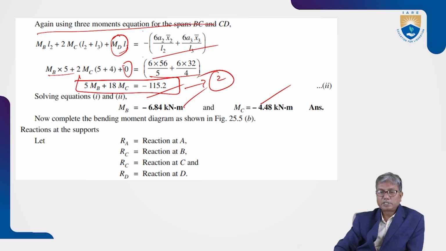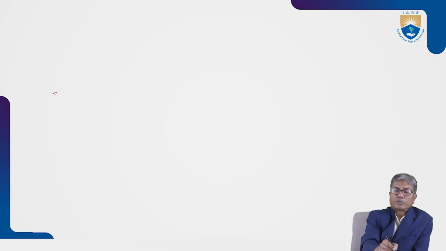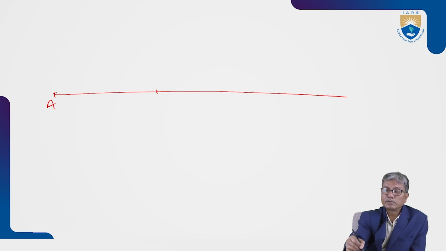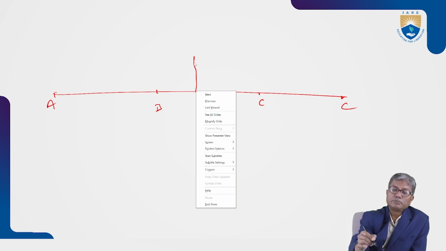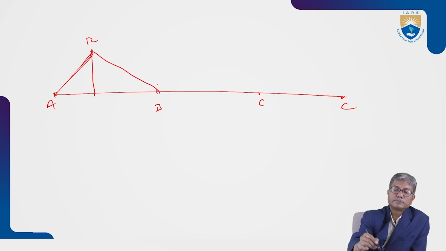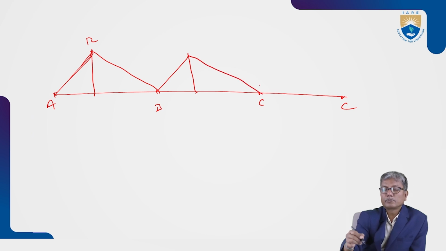So the bending moment diagram we can draw now, for spans AB, BC and CD. Here 9.6, here 12. This is the free bending moment diagram, or simply supported bending moment diagram. This is 9.6, and here a parabola with maximum ordinate 6.